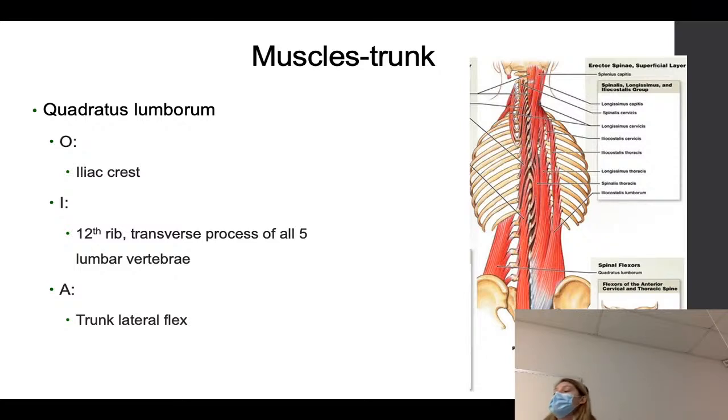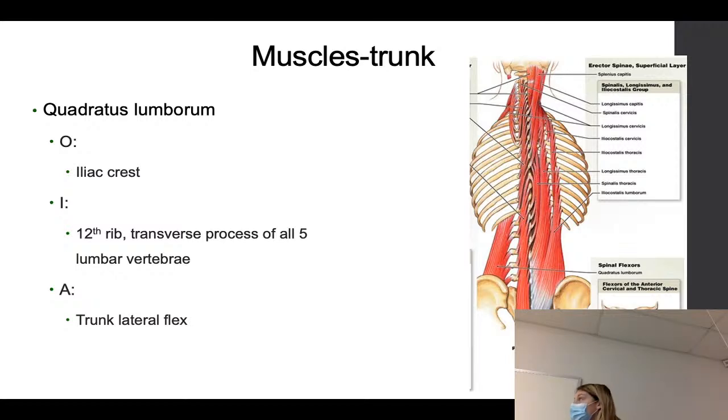Its origin is going to come off of the iliac crest. It's going to insert onto the 12th rib, your very last rib, and then the transverse processes of all 5 of your lumbar vertebrae. You can see it really well coming off of here, the 12th rib, as well as all those transverse processes.